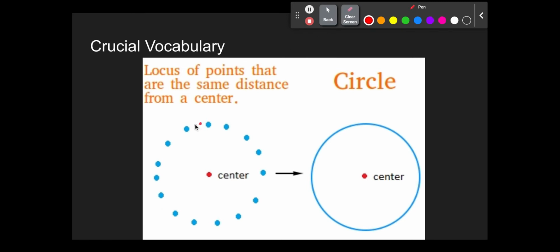I could fill in the space between here with infinitely many more points. And as I keep filling it up with infinite points, it just seems like a solid line where what all the points have in common is that they are equidistant from the center. So it's a collection of infinite points, all of them the same distance away from a certain center point. That's what makes a circle.